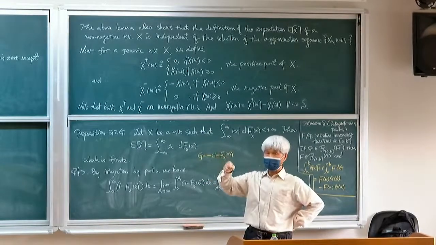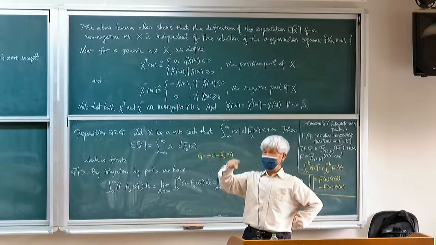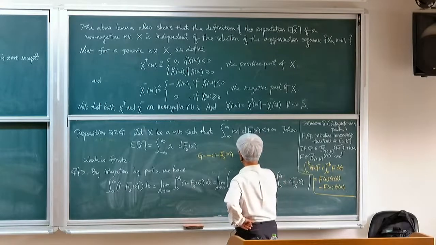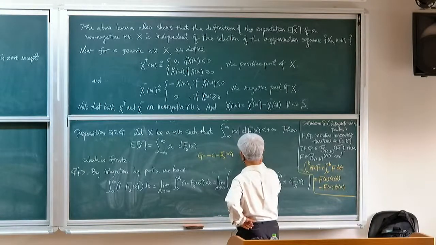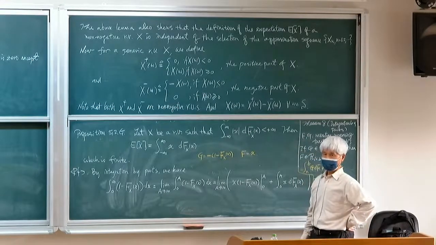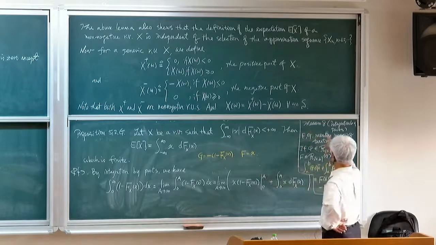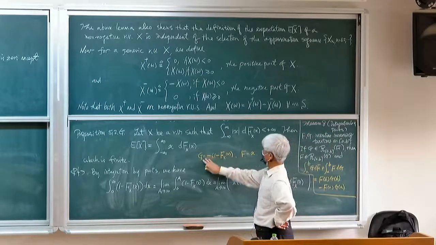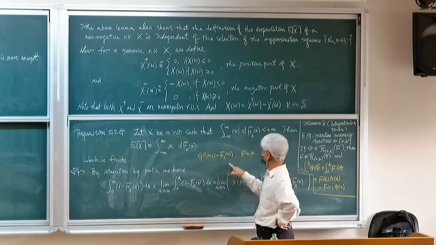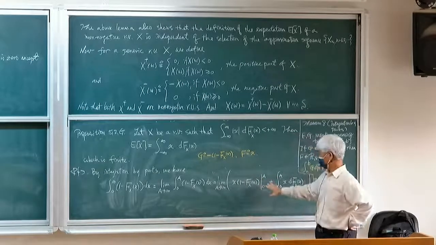So G is defined to be this monotone function, and F will be the linear function, and you will have the result.